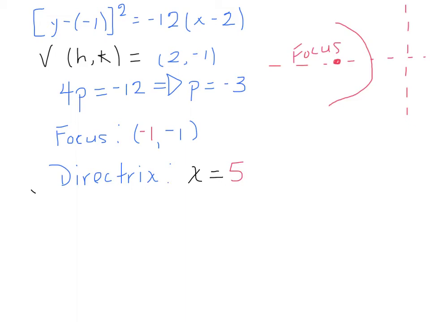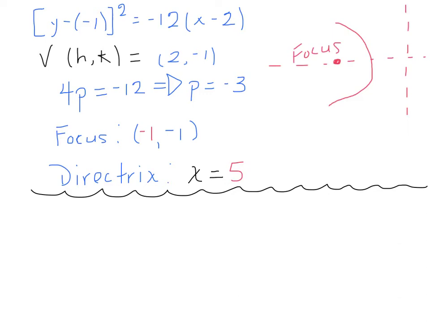So we've done part 1, which is to identify the vertex, focus, and directrix of this parabola. The next thing we need to do is graph it. You have 3 parts that will help you graph. You only need a couple more points to help you out with this. And so my way of doing it is just to try to be kind of intuitive to get some really pretty numbers out of this equation.